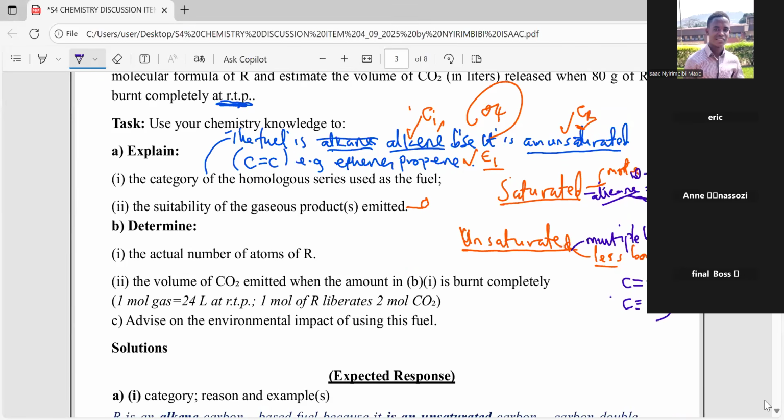Let's look at part 2. Part 2 was asking to determine the actual number of atoms of R. I want someone to raise their hand and tell me what they want us to talk about there. What do they want us to talk about?